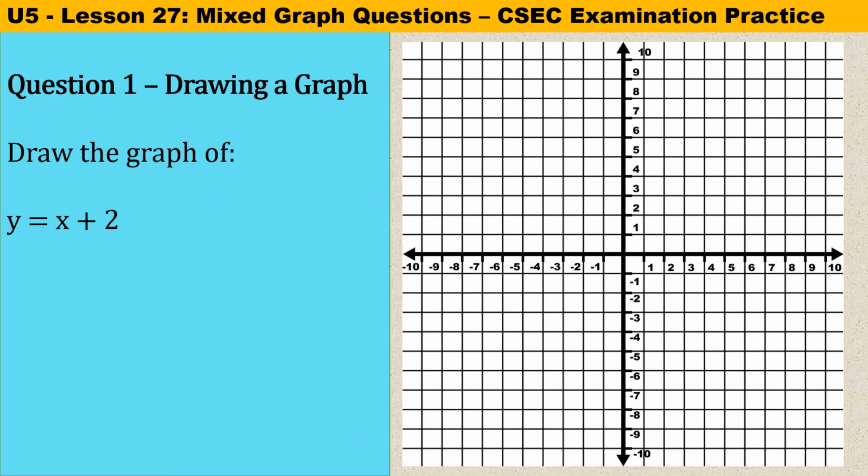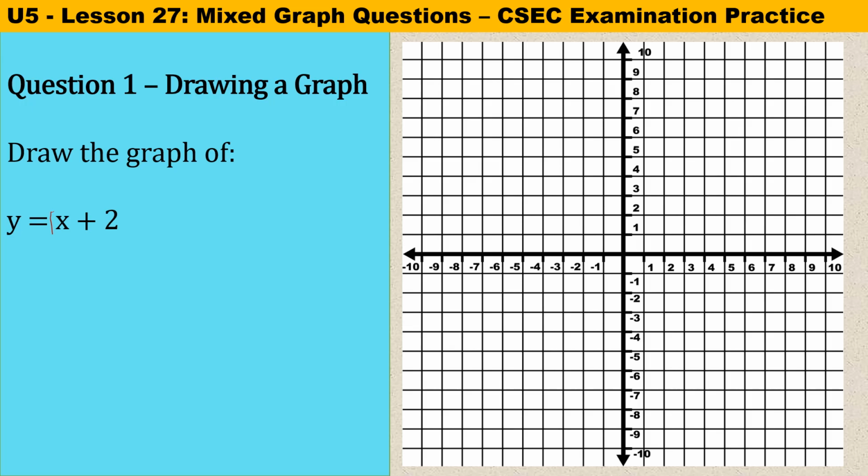So let's start with question 1, drawing a graph. Draw the graph of y equals x plus 2. The first thing that you should do is identify your gradient and your y-intercept. When you look at y equals x plus 2, there is an invisible 1 beside your x.